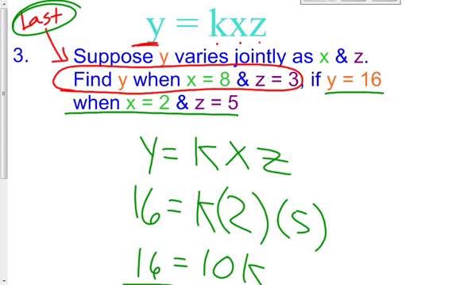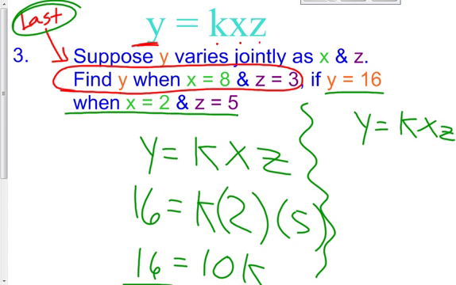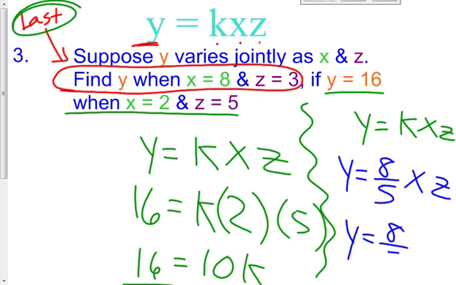Find y, so y equals kxz. And we now know what k equals. Y equals 8/5 times x and z. So now find y. What is y when 8/5 is multiplied by x? X in this case is 8 times z.